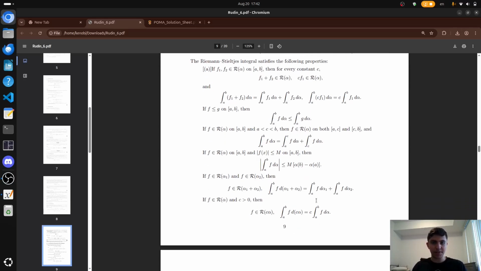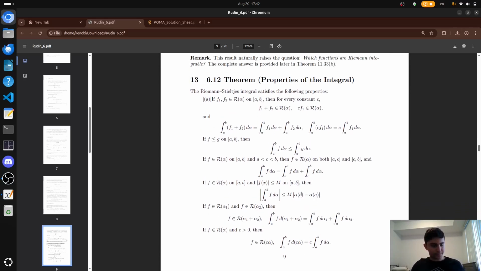Now we have the following theorems. All right. Okay. So we know the sum of the integral is the same thing as the sum of the integrals separated, and same thing when you multiply by a constant.